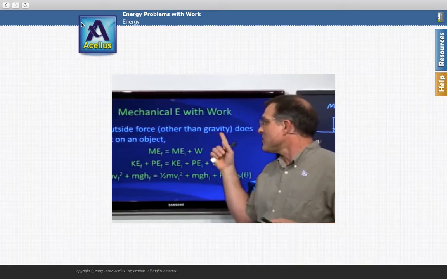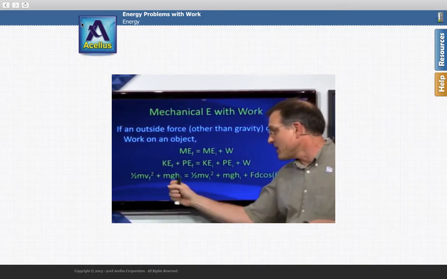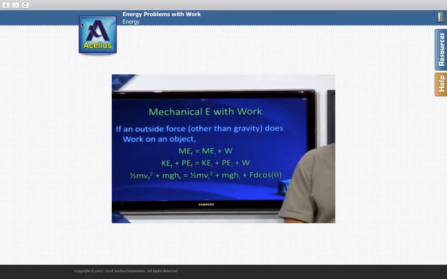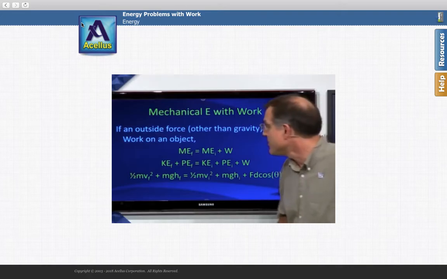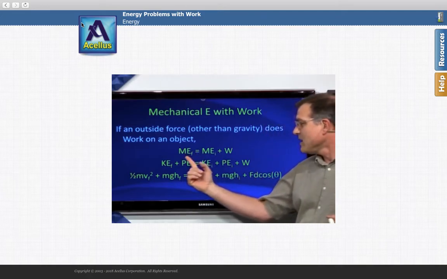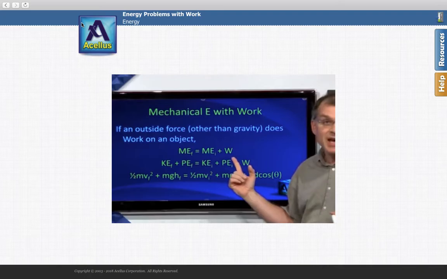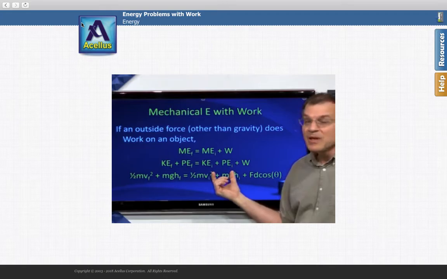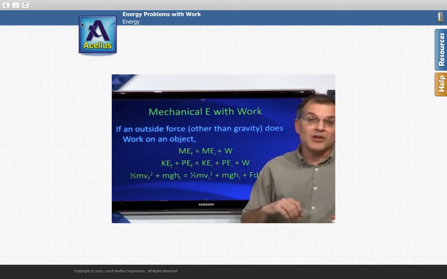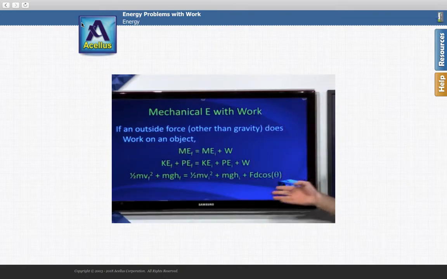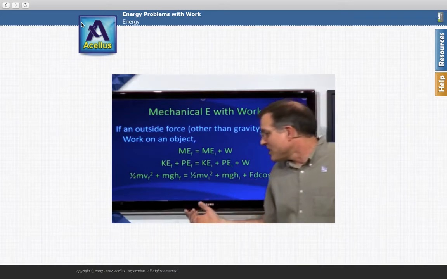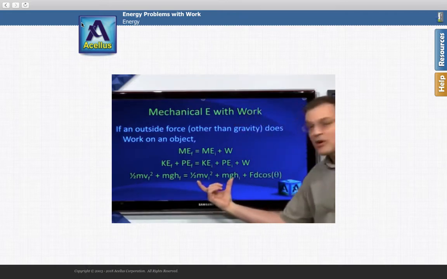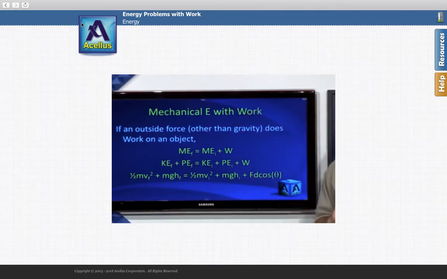If there's an outside force other than gravity, we've already built gravity into the potential energy, that's pulling on the object, speeding it up or slowing it down, giving it energy, the energy at the end is what you start with plus what you added. Now recall, mechanical energy means kinetic plus potential. So if you throw in the equations for all of that, you get this gigantically long equation at the bottom. What this says is that the kinetic and potential energy at the end is what you started with, plus anything extra added by work.